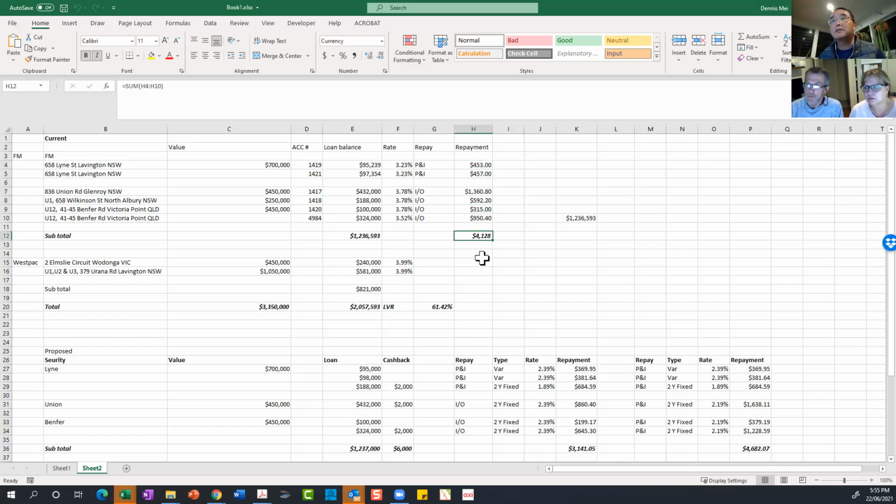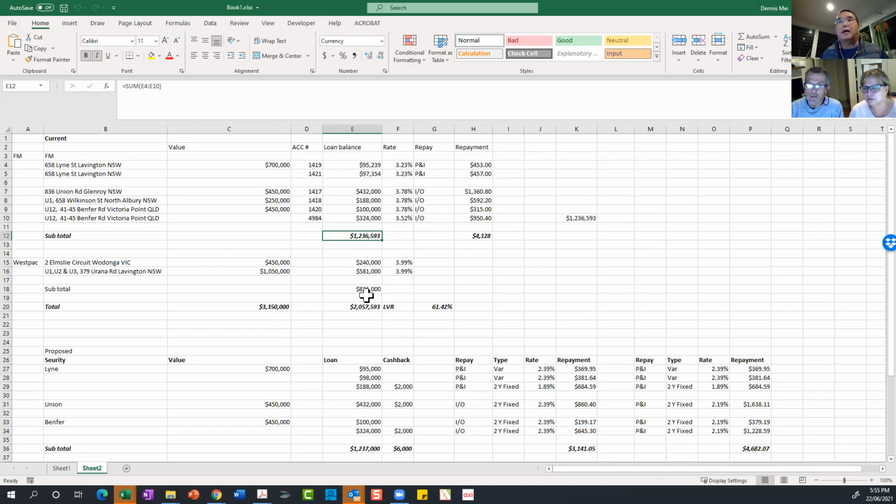The total repayment with First Mac is $4,128 per month at the moment. And the total loan balance is 1.236 million.